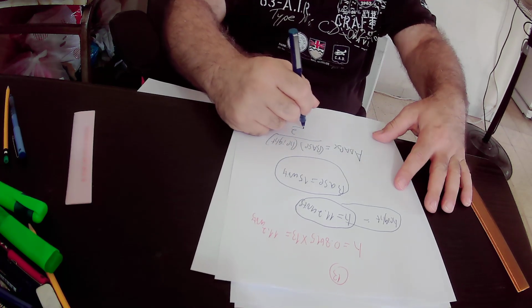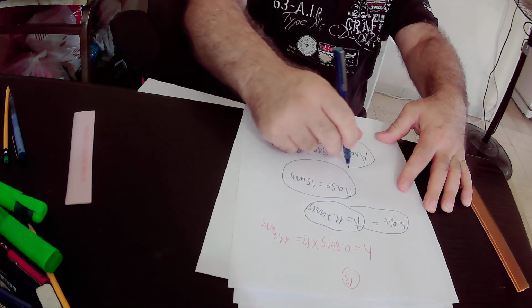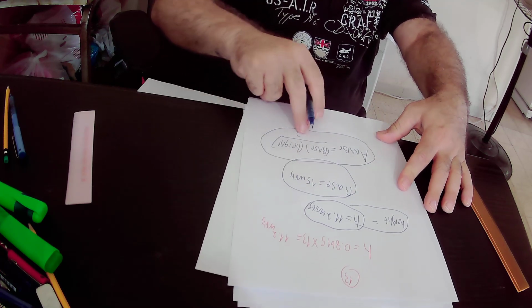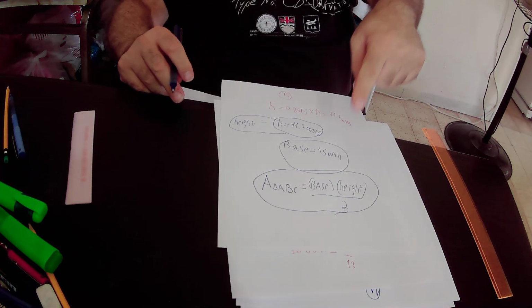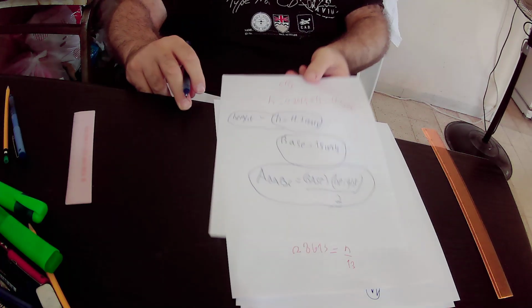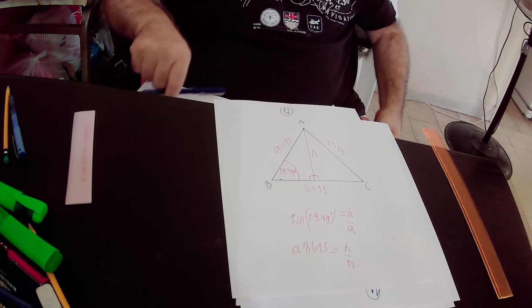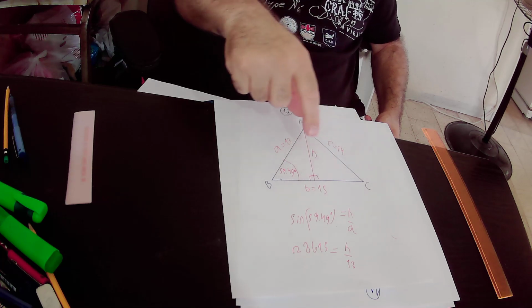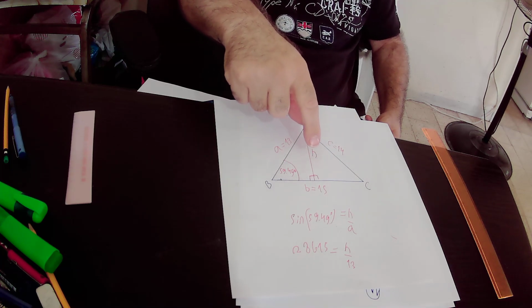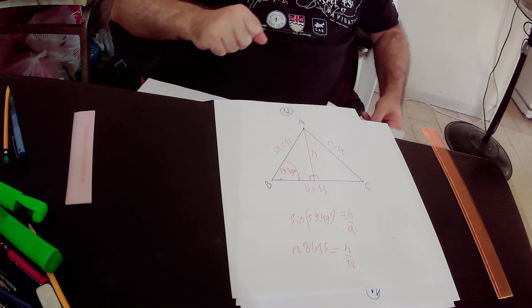That is the formula for the area of any triangle. And as you can see here, the height to the base creates 90 degrees with the base, so h is indeed the height of triangle ABC.